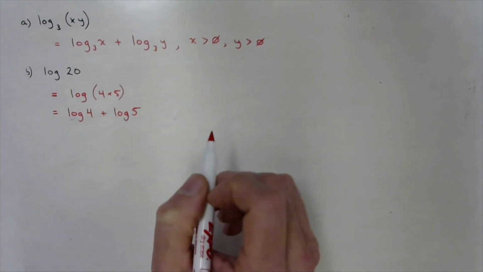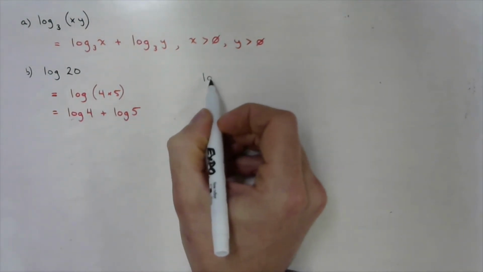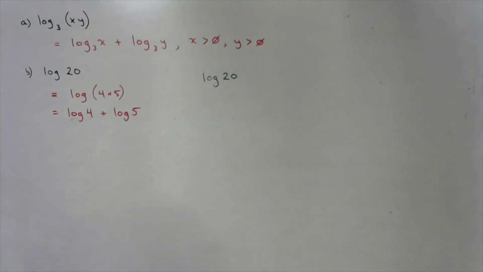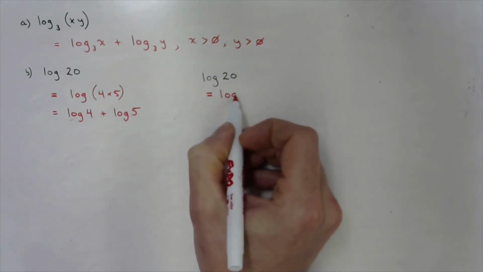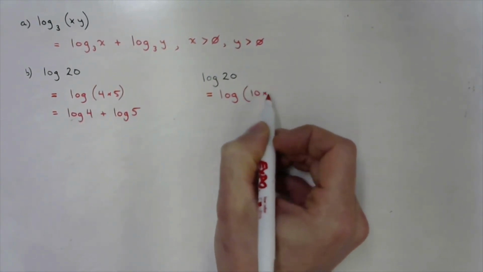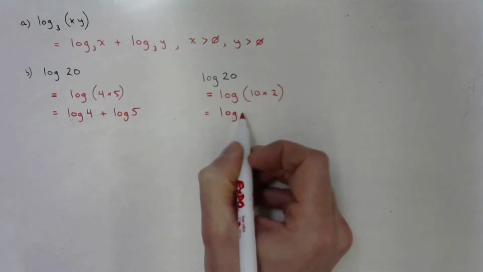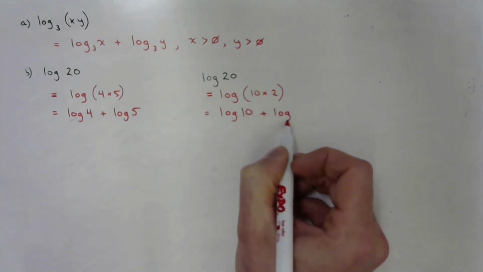But there is a way that might be more helpful, and what would that be? We can do the square root of 20 if you're really brave. Or what, 2 times 10? We can do 2 times 10. Why might that be more helpful? I'm going to write it as 10 times 2, which translates into the log of 10 plus the log of 2.